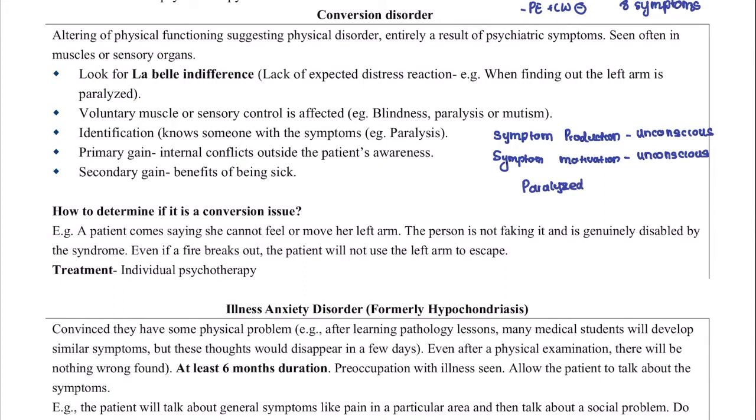Now we have a stress here: there's some sort of stress on the cook. The poisoning of the kids is the stress, and this has led to the paralysis. When you do the physical examination and lab workups, these are all negative, and the diagnosis is said to be conversion disorder.